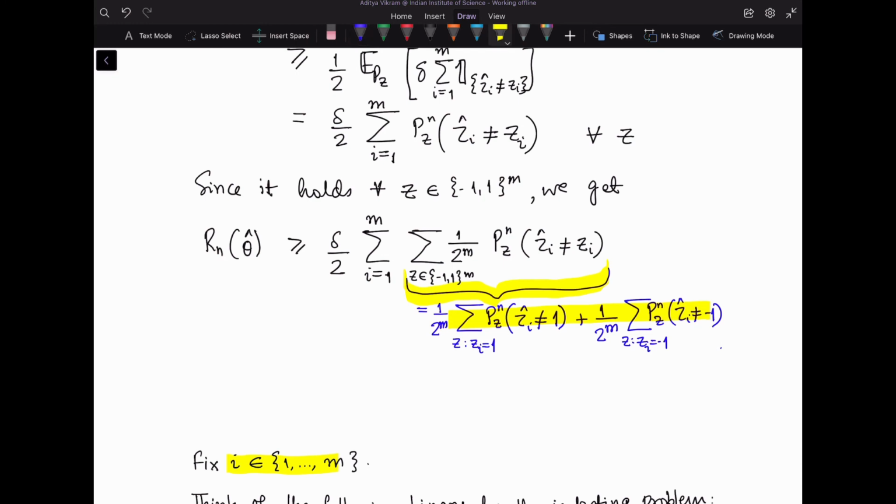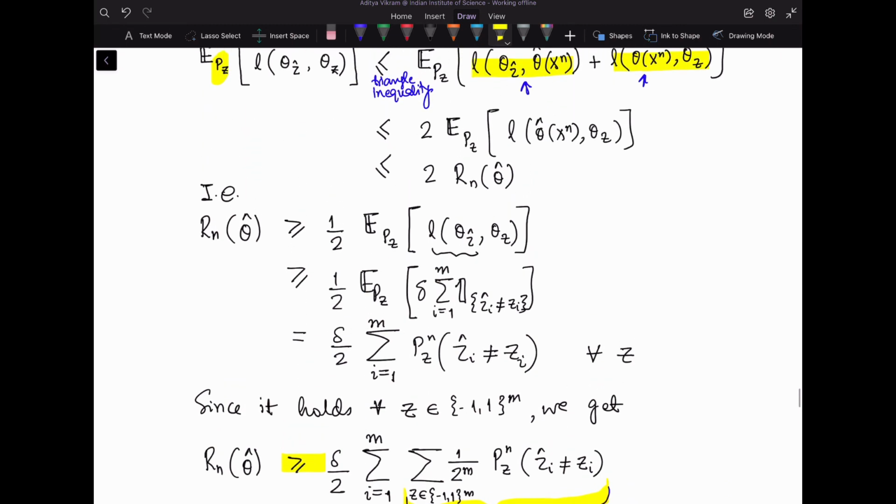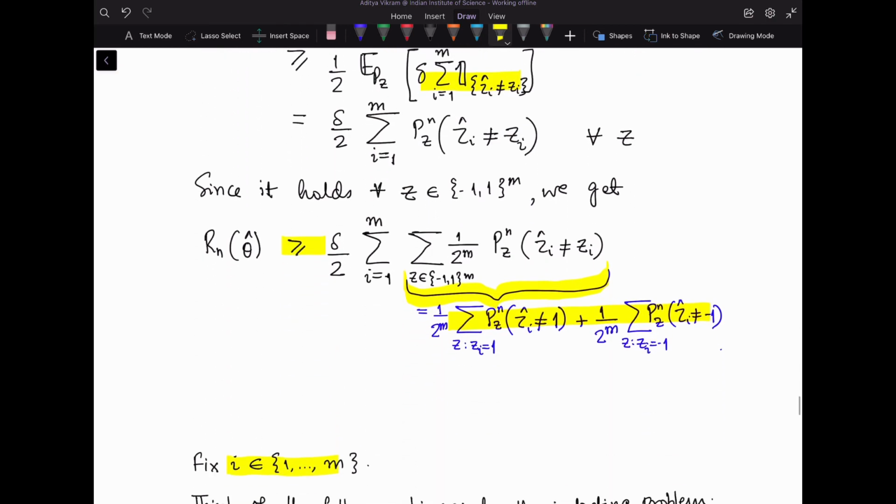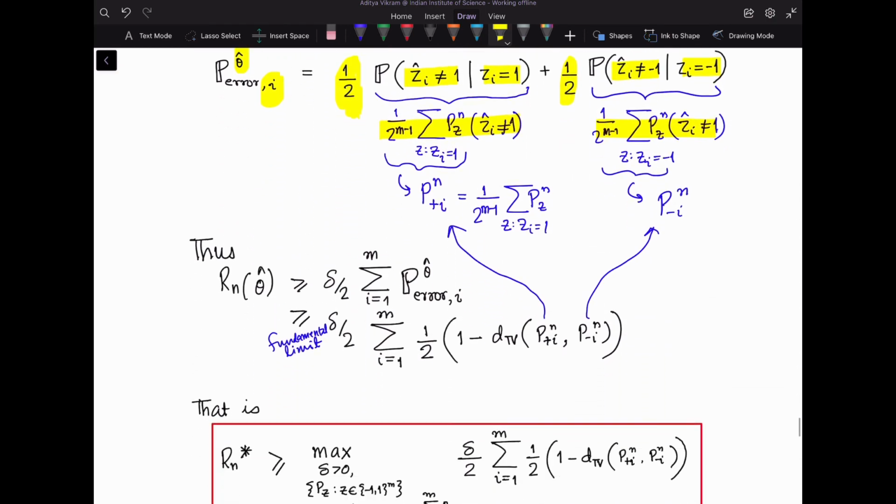This guarantee comes because of the structure of the loss function, where the distance between theta z and theta z dash is directly proportional to the Hamming distance between z and z dash. That is the basic idea in the Assouad method.